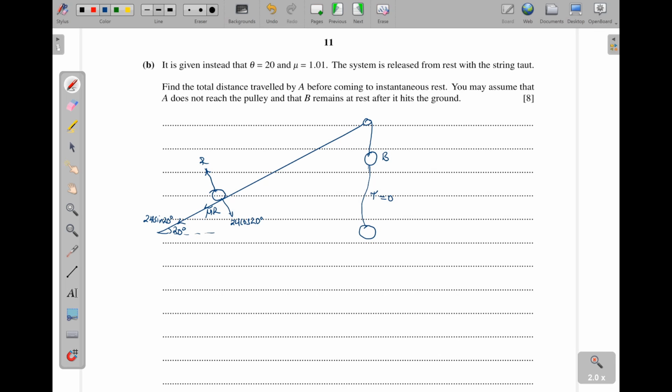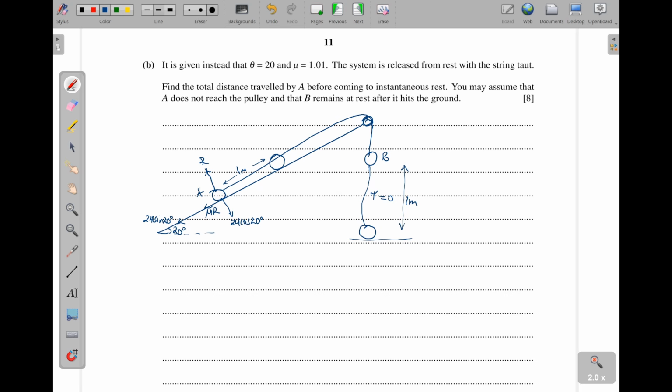Now this particle A, it is connected to this pulley here. This particle here moves this distance up here. When B, remember B was 1 meter from the ground. So when B moves a distance of 1 meter, then even A has moved a distance of 1 meter up here.